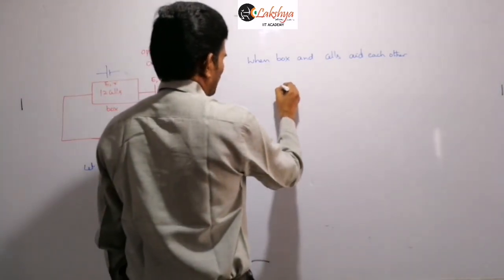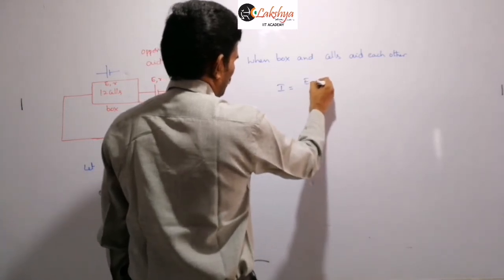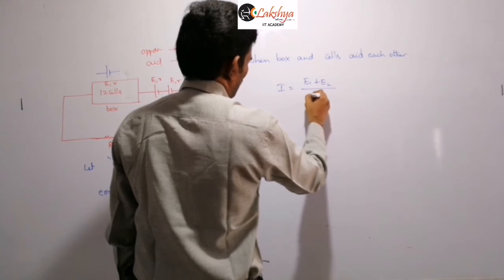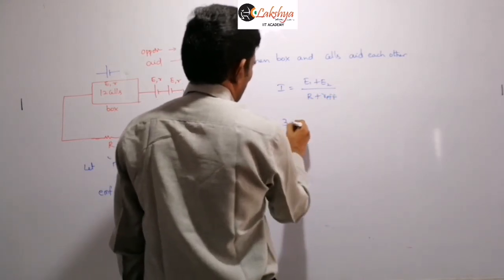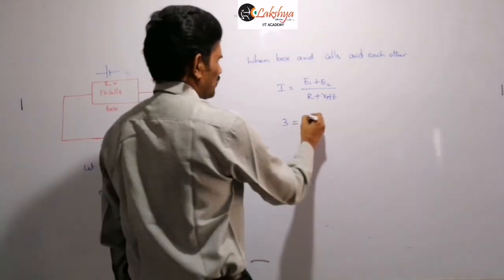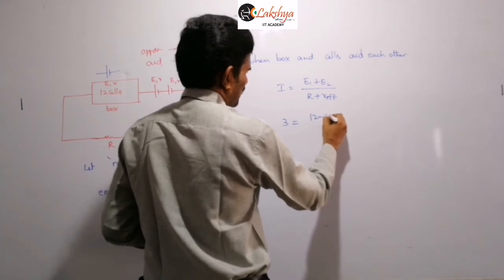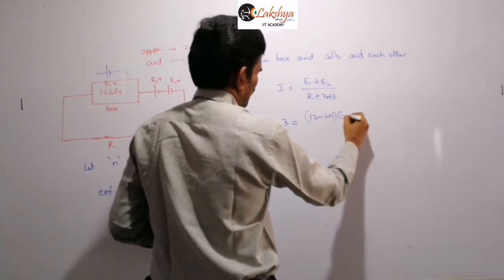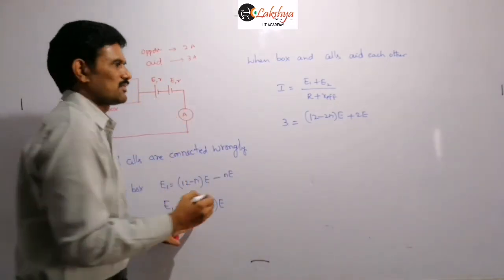And so this current I value we can write as E1 plus E2 by R plus R effective. This value is given as 3. So 3 is equal to E1, meaning the EMF of this box, 12 minus 2n into E, plus 2E. This E2 means the EMF of the cells here, right?